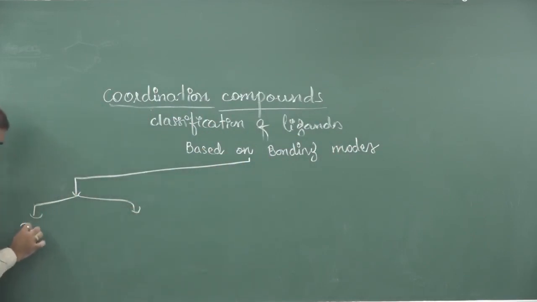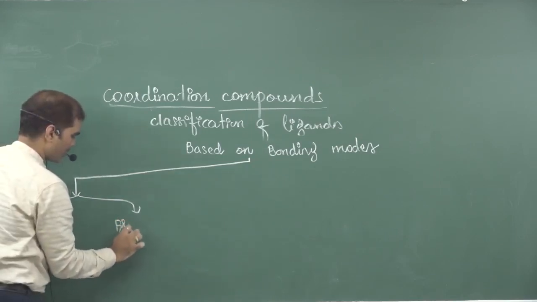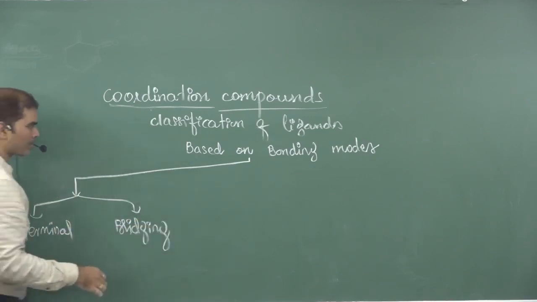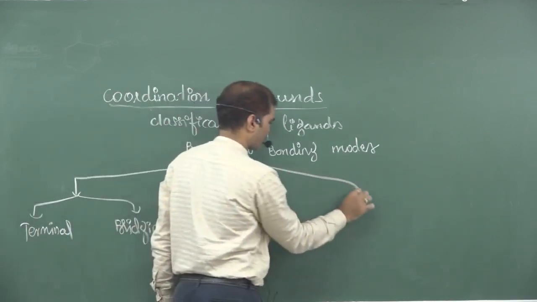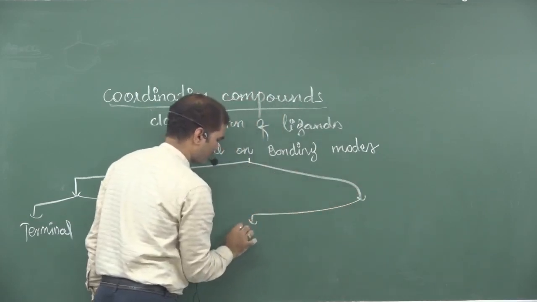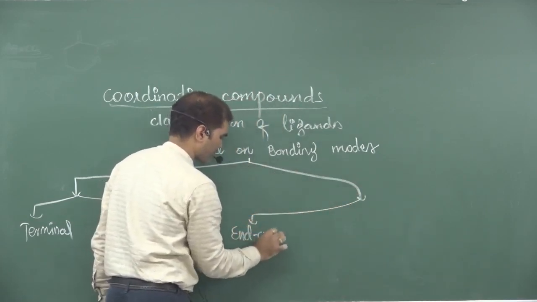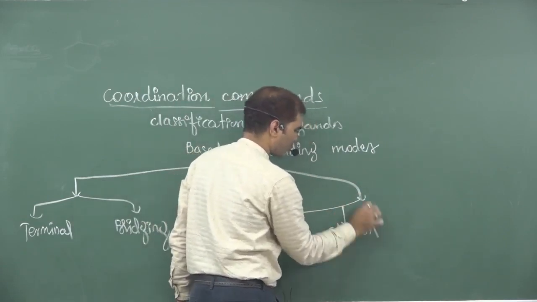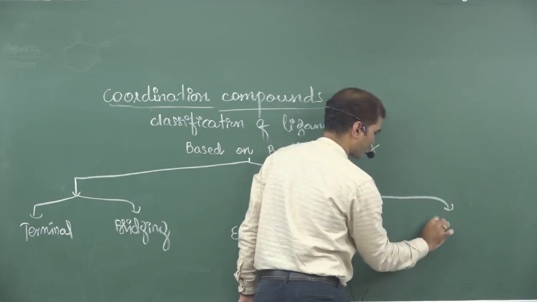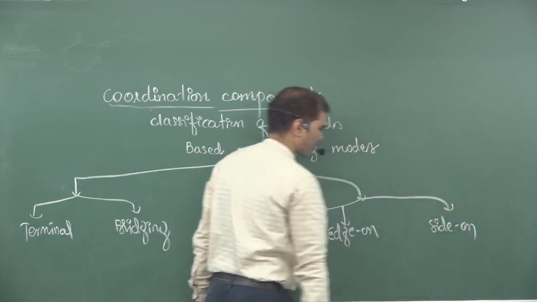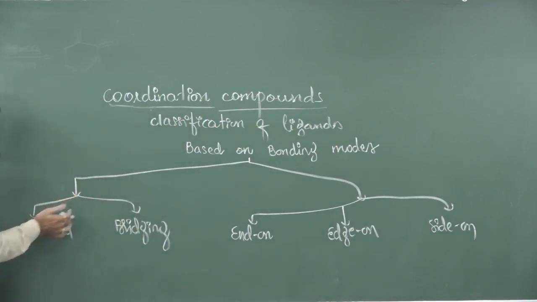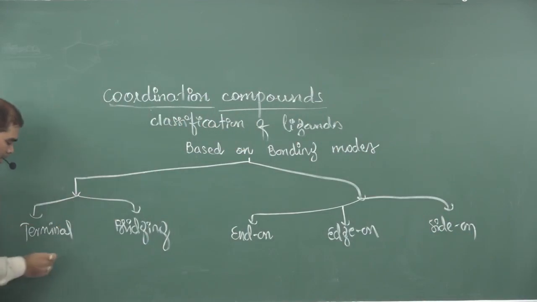Based on bonding mode, ligands can be classified into two types. One type I am reclassifying again: terminal and bridging.